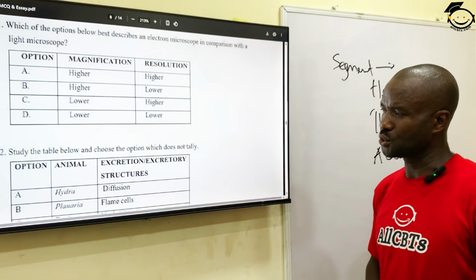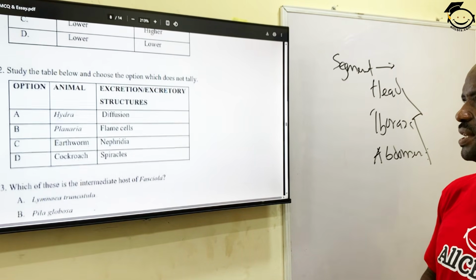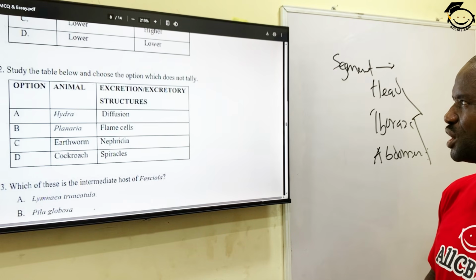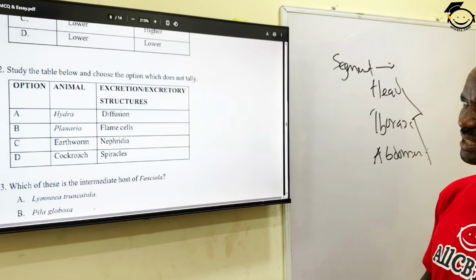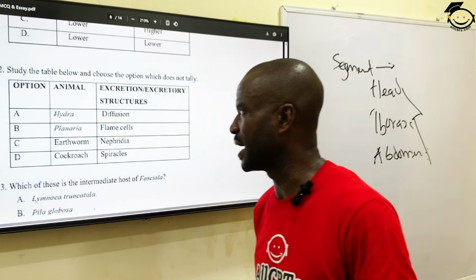Question 32 says, study the table below and choose the option which does not tally. That is, which option does not cohere? They don't work together.